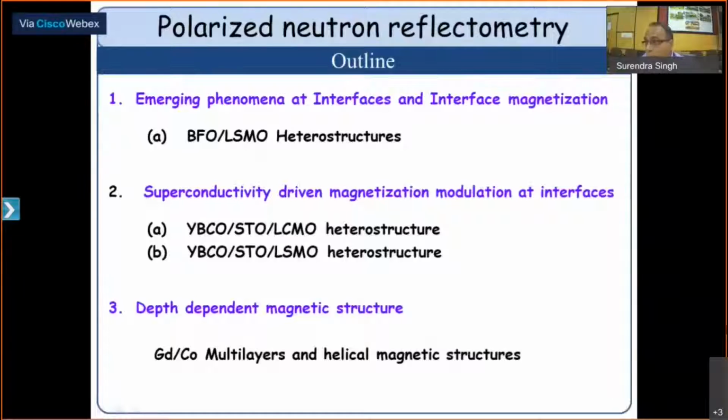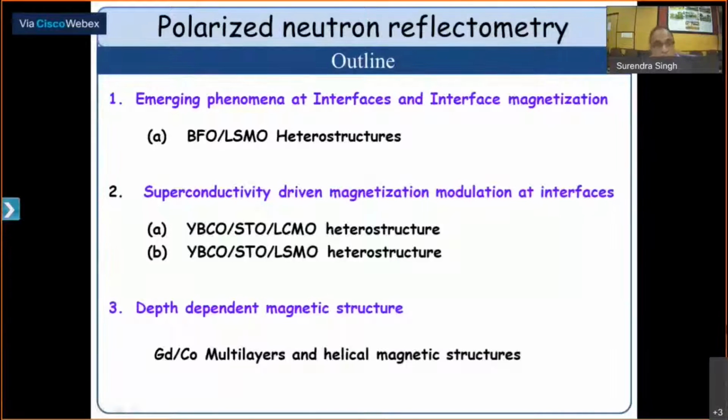If you have two oxide layers, at the interfaces you are getting high conductivity. Similarly, in case of magnetic systems, if you have two antiferromagnet systems, then PNR plays a very important role, as for paramagnetic or other materials which are not ferromagnetic systems. So those things we will discuss today.